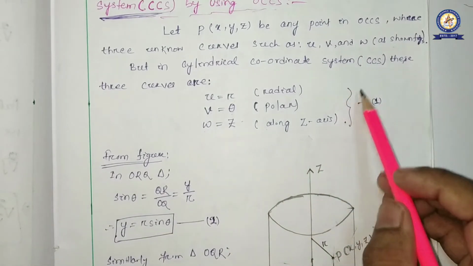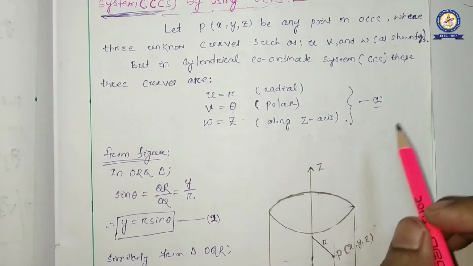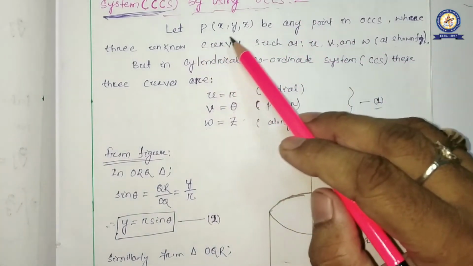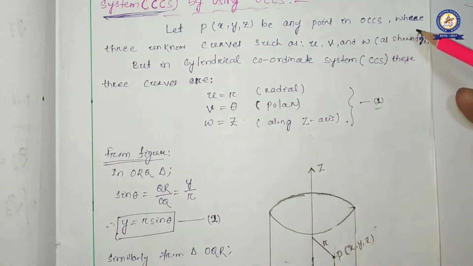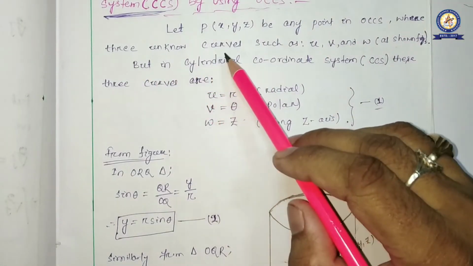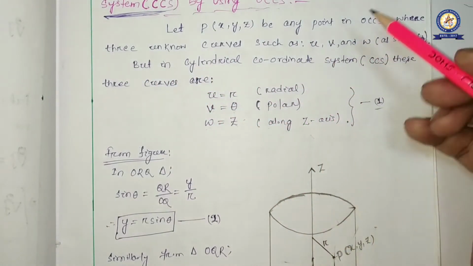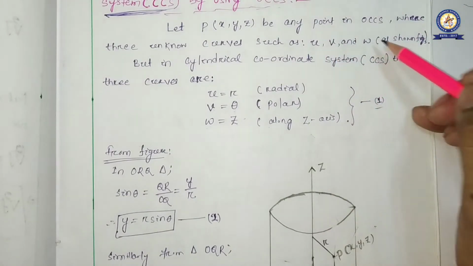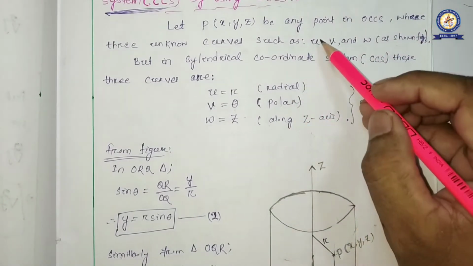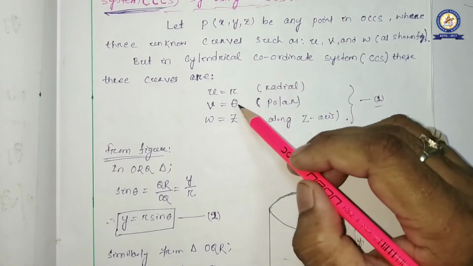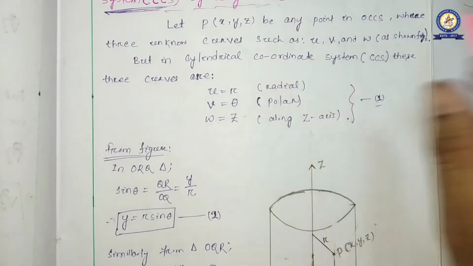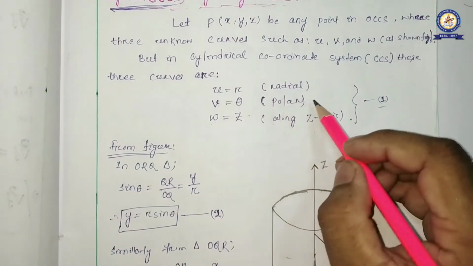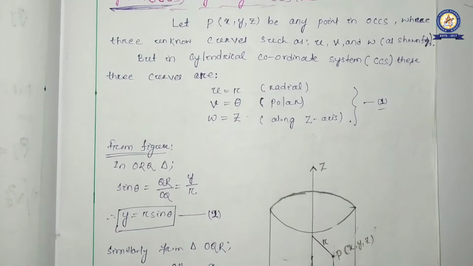Collectively it is considered as equation number 1. The same thing has been written: let P, X, Y, Z be any point in OCCS where there are three unknown curves such as U, V, W. In OCCS we do not know what type of curves U, V, W will be, but in the case of the cylindrical coordinate system, U is R, V is theta, and W is Z, right? The corresponding unit vectors will be e_r cap, e_theta cap, and e_z cap, which we will discuss later here.